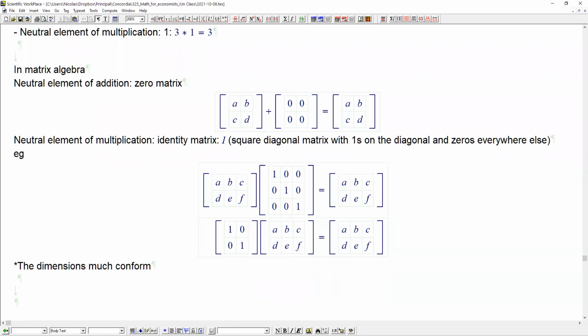All right, so I've already talked about the idempotent matrix. Somebody remembers the idempotent, what it does?